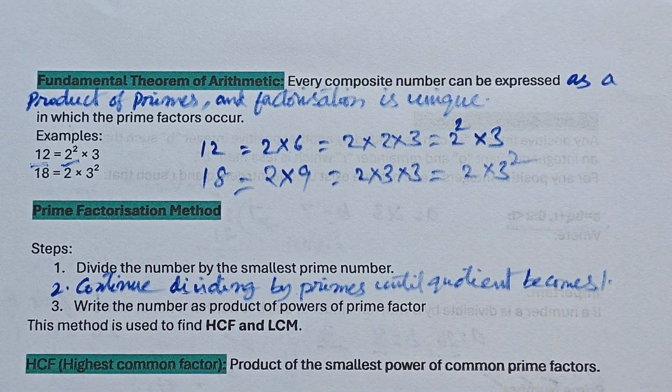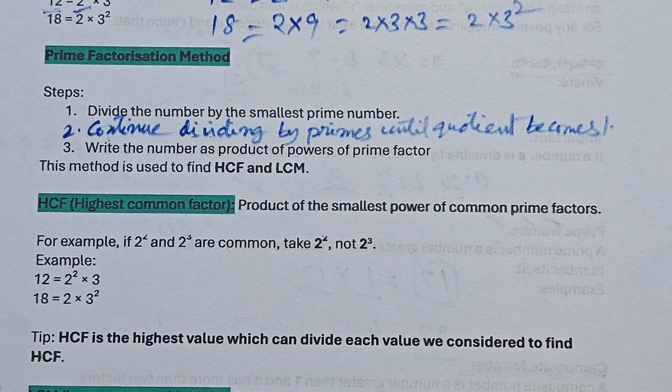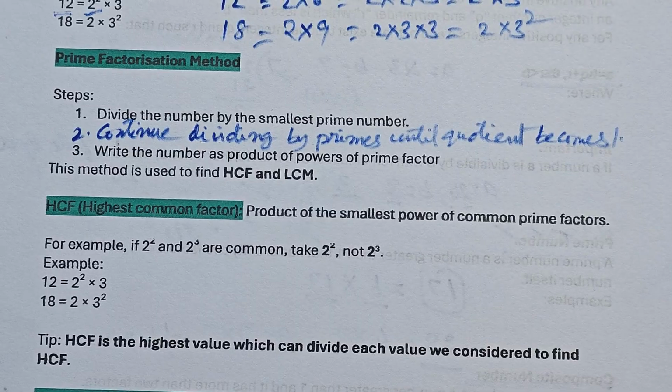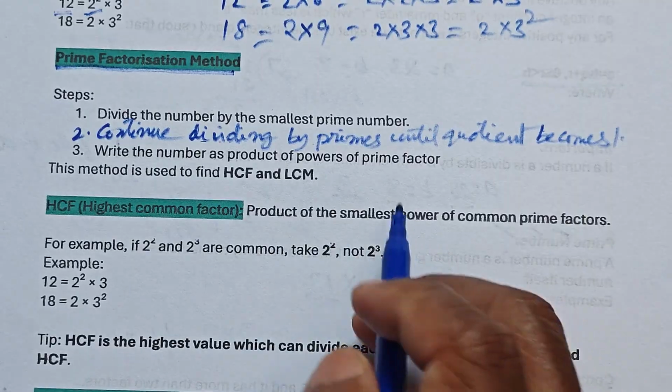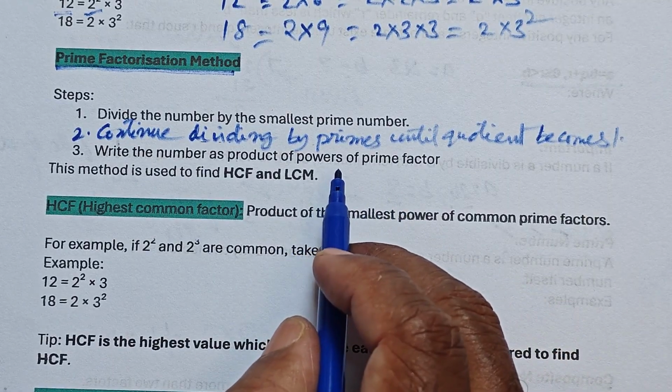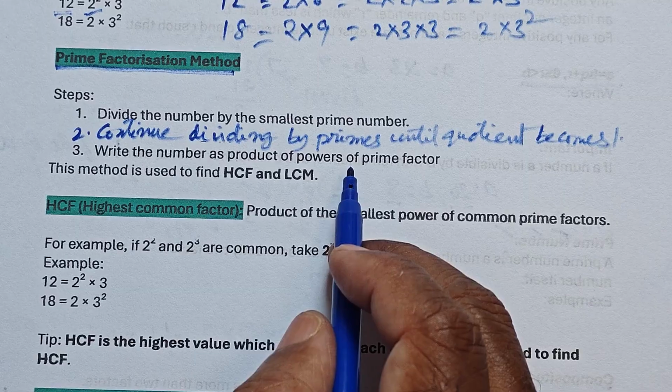Yesterday we did this exercise, so it is just the definition and how we write more examples. So that is clear. We are writing as a product of primes, so that is called the prime factorization method. Simply, that means you are making it as a product of primes.